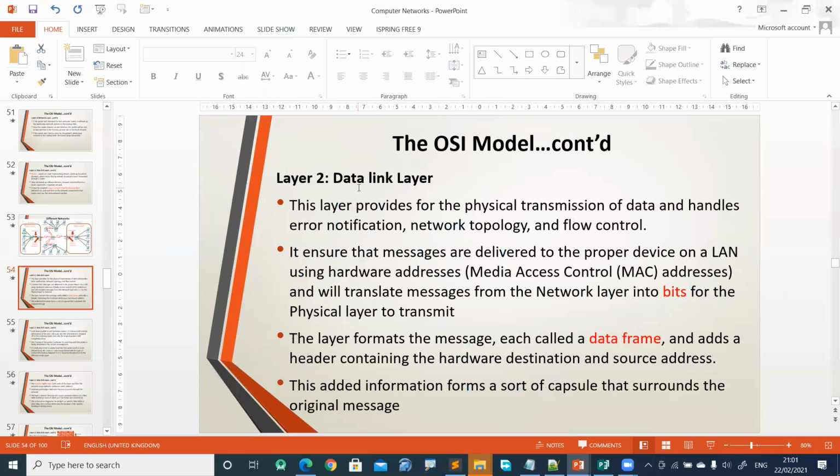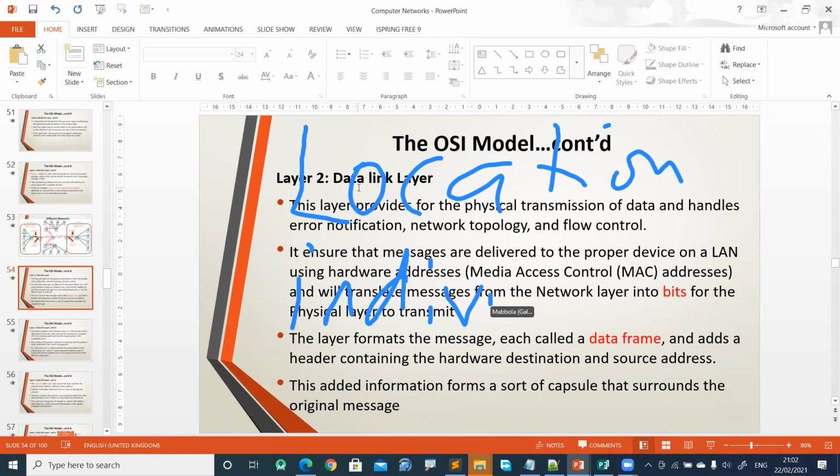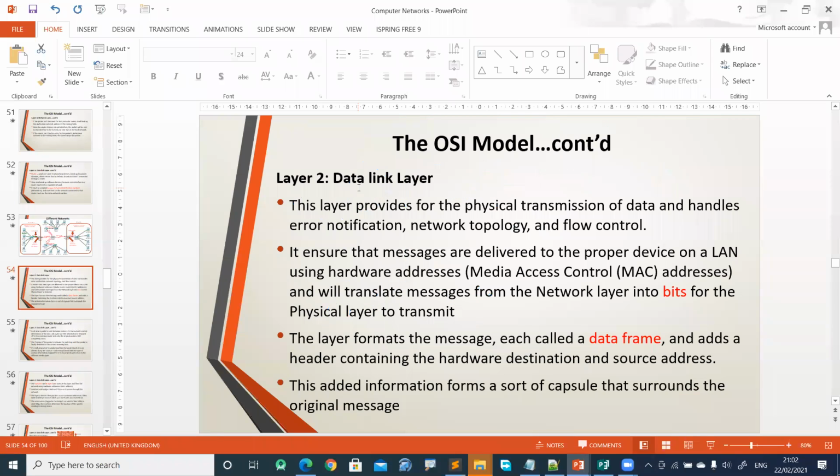So the MAC address uniquely identifies you from your location. Please take note: IP addresses, at layer 3, are my location. Then the MAC address, at layer 2, is the individual, to individually identify you as an entity. Okay, let's read.